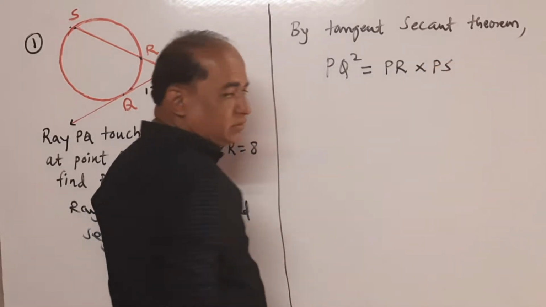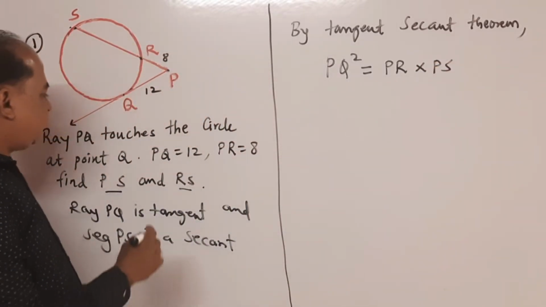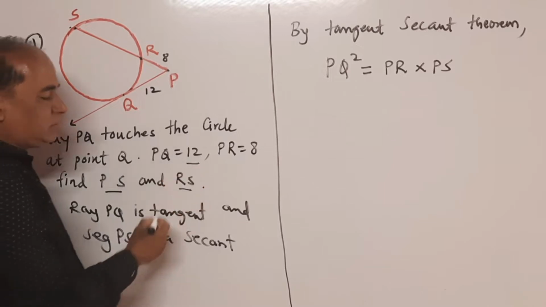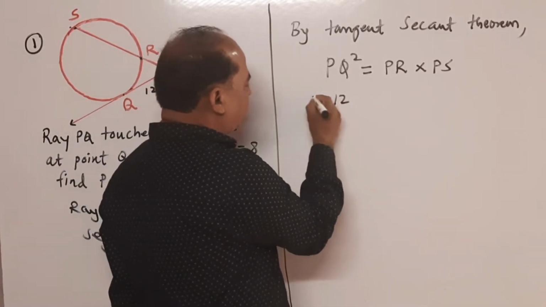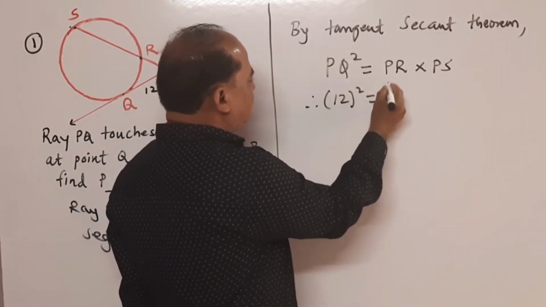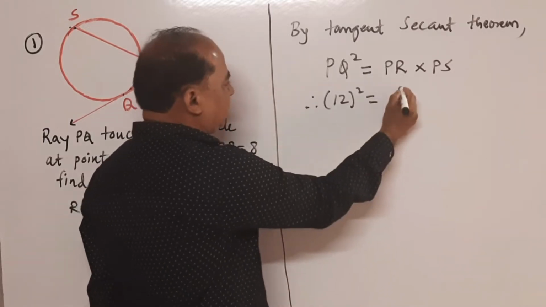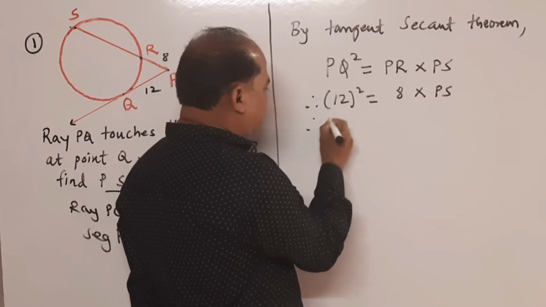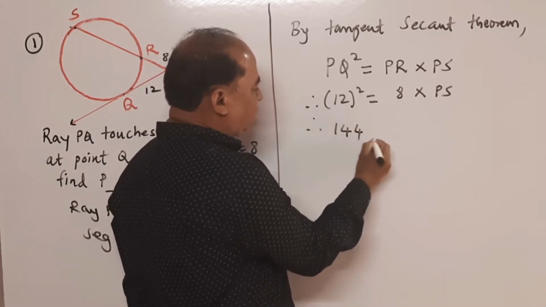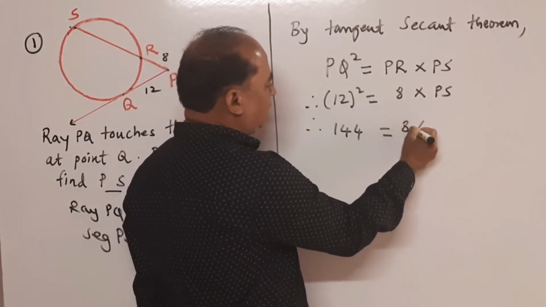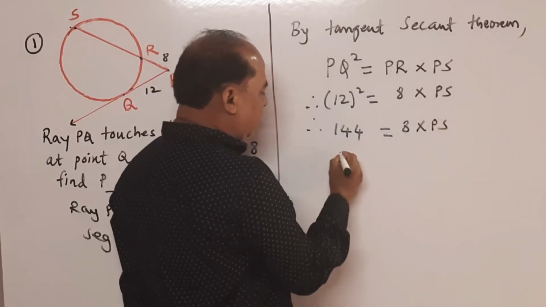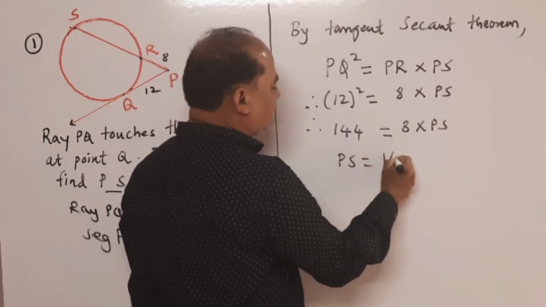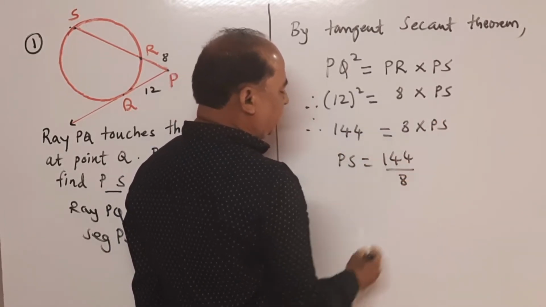Now substitute the value. PQ is equal to 12, therefore 12 square is equal to PR, which is 8, into PS. So 12 square, that is 144, is equal to 8 into PS. So PS is equal to 144 divided by 8.